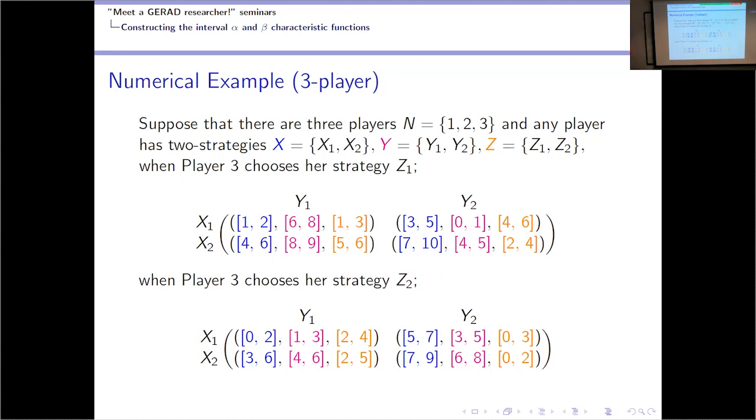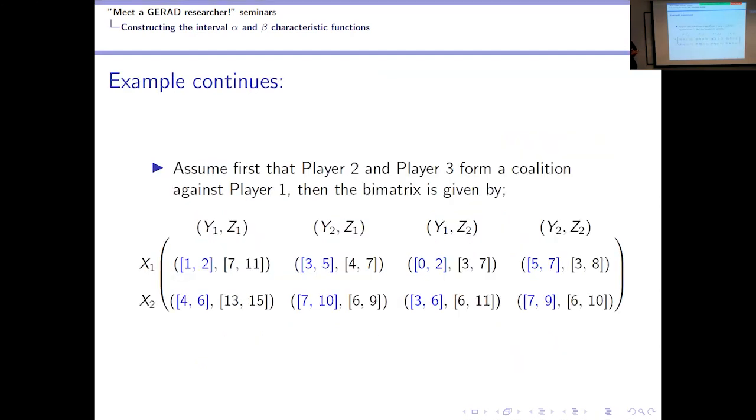So when players 1 and 3 form a coalition, then we summarize these 2 intervals against the coalition, with the coalition being player 1. Then you can follow the steps that we know from the algorithm. Okay, let me start to solve it.